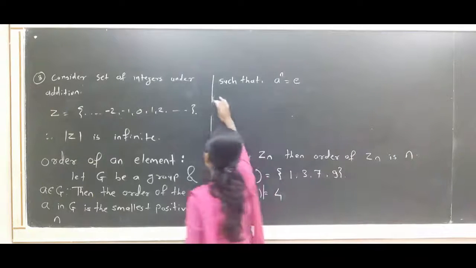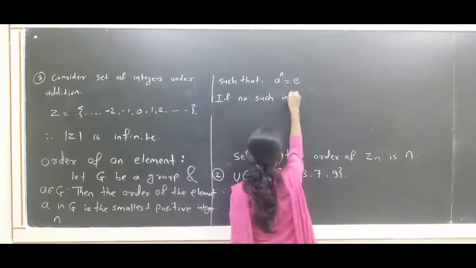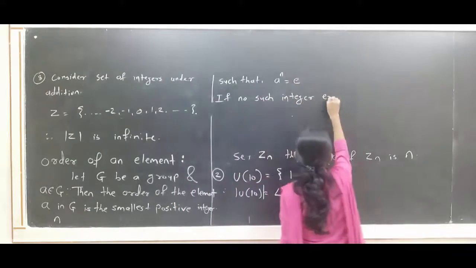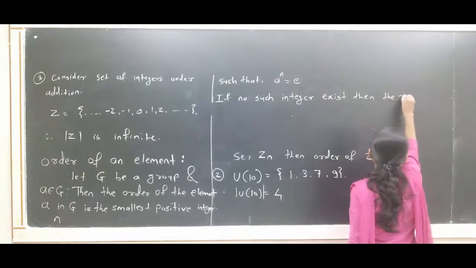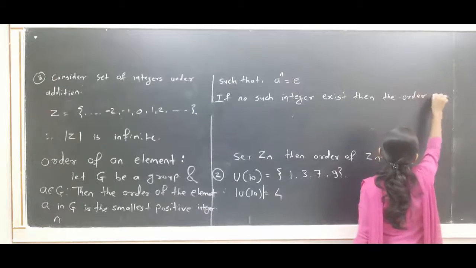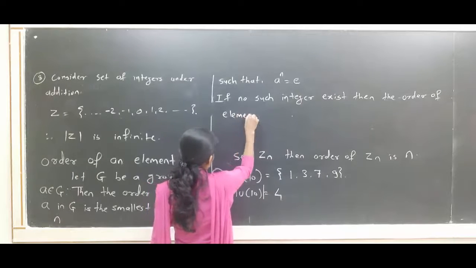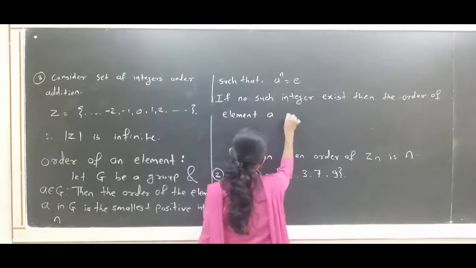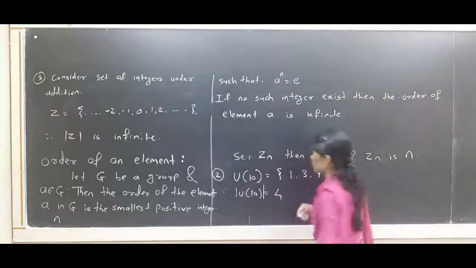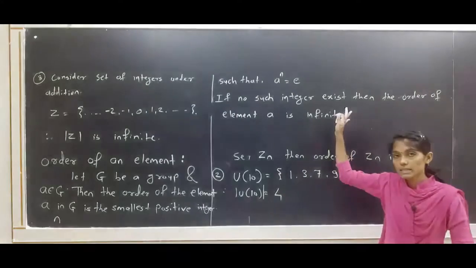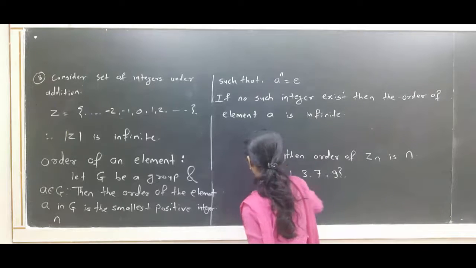Okay, if no such integer exists, then the order of element a is infinite. Now we see some examples.